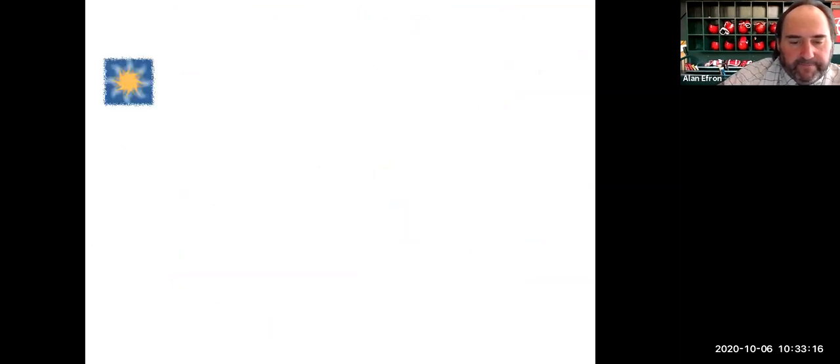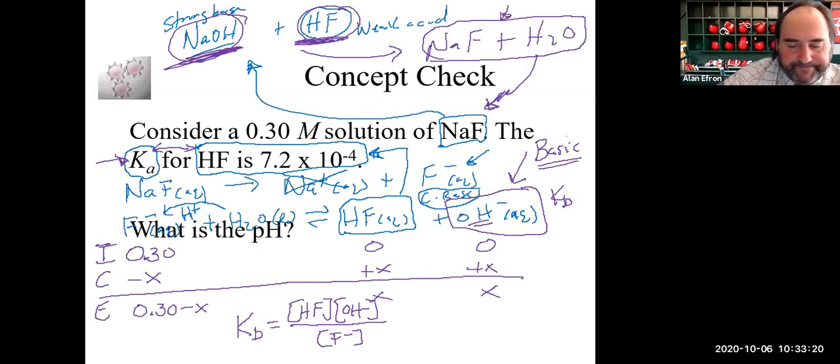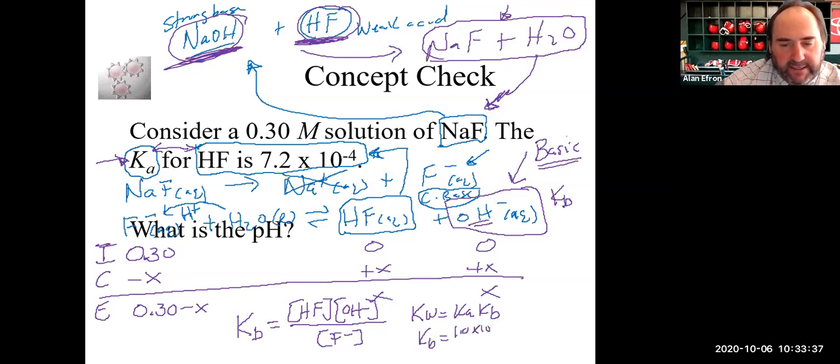All right, so let's see where I could go with that next. What we want to do is solve for KB. So we're going to use KW equals Ka times KB. So the KB here would be 1 times 10 to the minus 14 divided by our Ka value that was given to us, 7.2 times 10 to the minus 4.